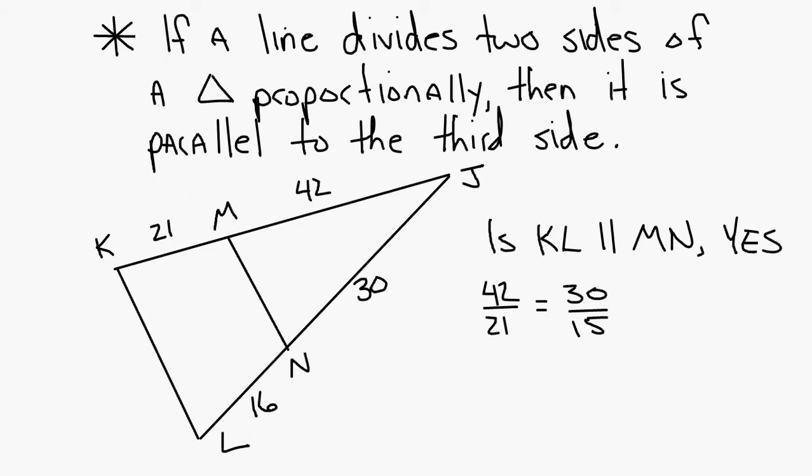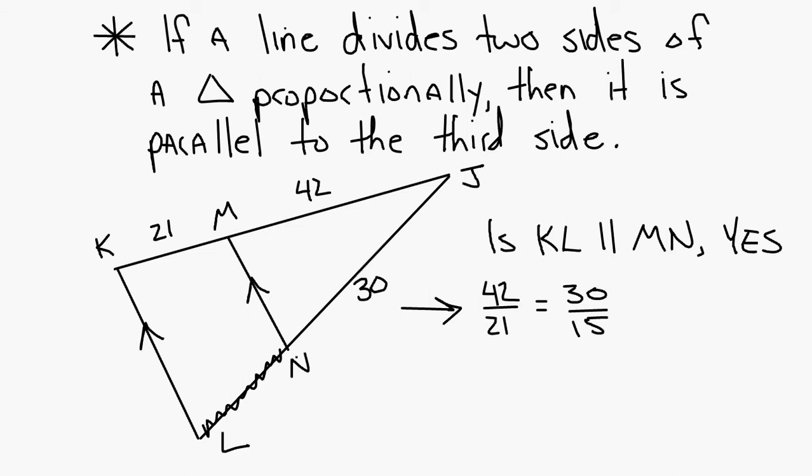The third way you'll see the question is you could be asked to find NL so that MN is parallel to KL. So in order for MN to be parallel to KL, you would have to solve for this piece in this proportion.